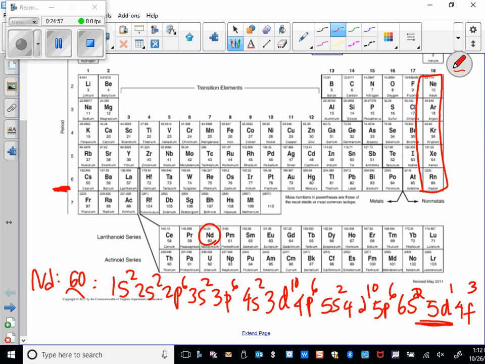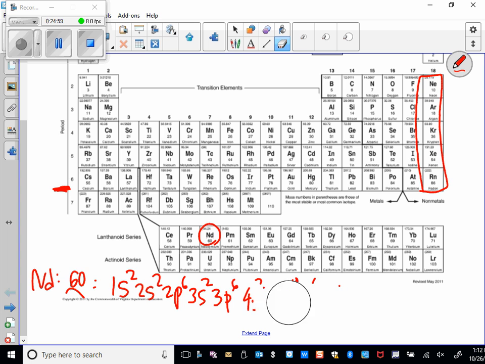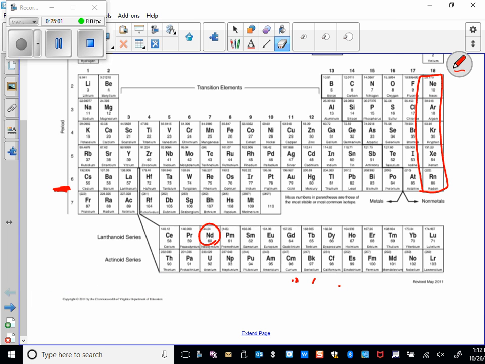Supposing I did not want to do all this. Let's go back to bismuth for a moment. All right. So bismuth had how many electrons? 83 electrons. Is that right? So bismuth is right here. Are you with me? So bismuth is in which period? It is in period 6. So this is how you write the abbreviated electron configuration.